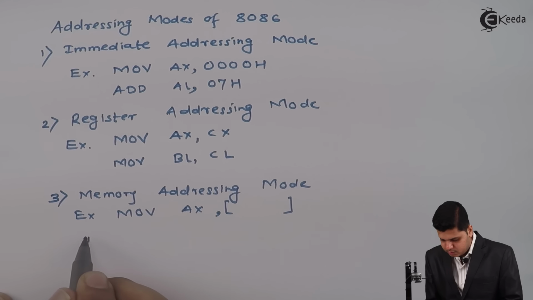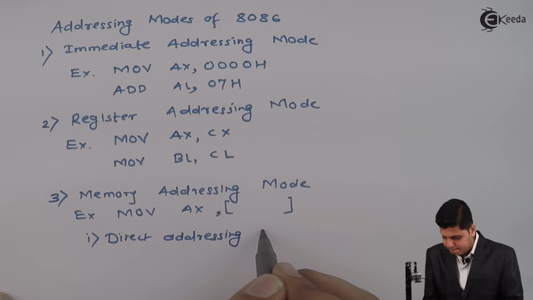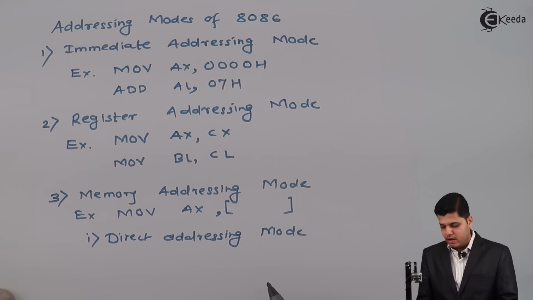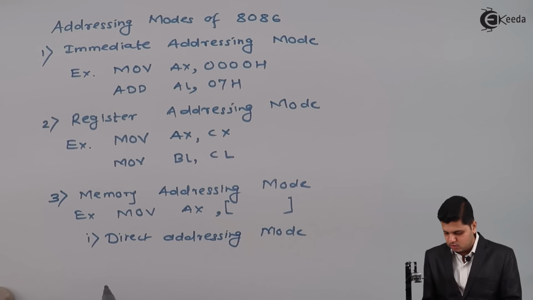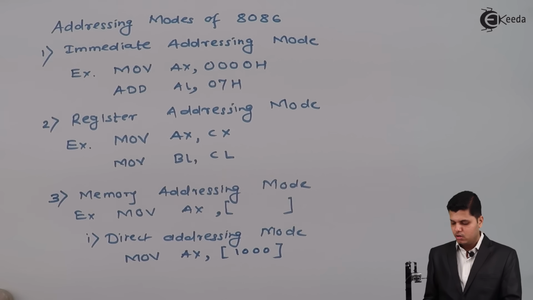In this memory addressing mode, the first is direct addressing mode. In direct addressing mode, the address of the operand is directly specified. I will take the example MOV AX, [1000H].